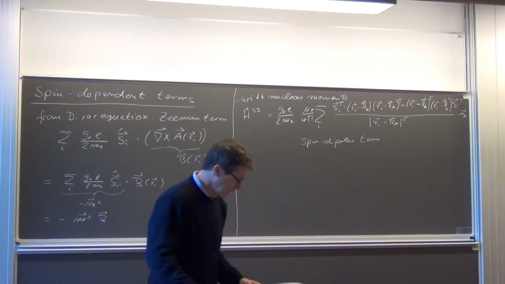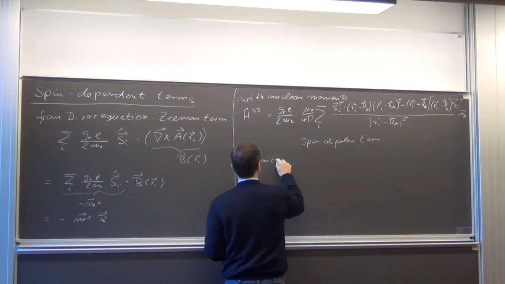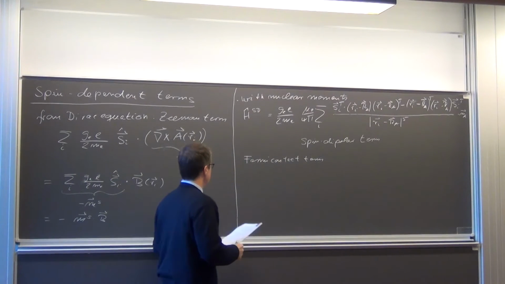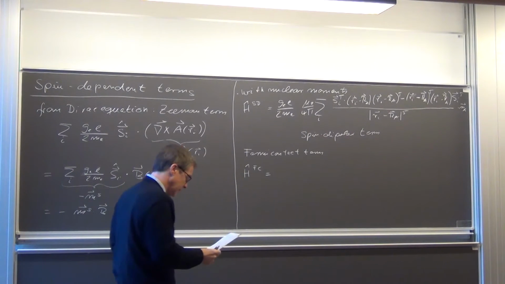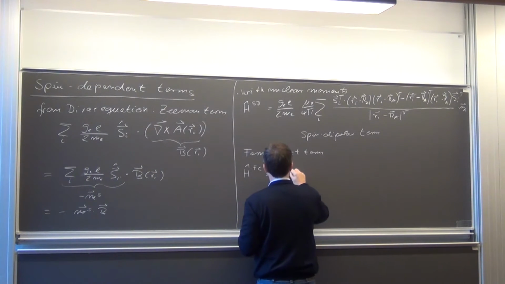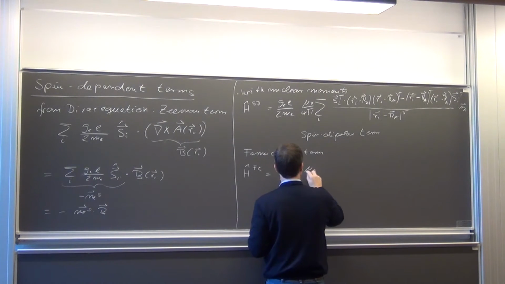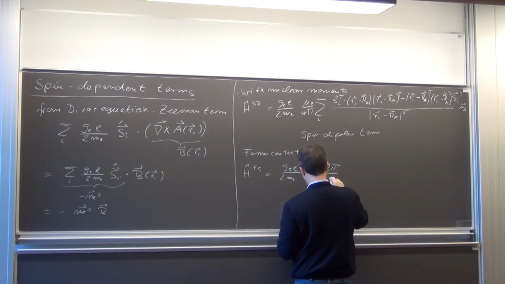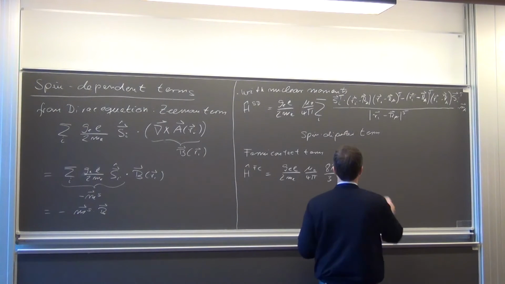And if you do that, you get a second term, which is called the Fermi contact term, H_FC, which now looks like, again, this gyromagnetic ratio of the electron, mu_0 divided by 4 pi. Then we get some more, 8 pi divided by 3, which comes from taking that limit.